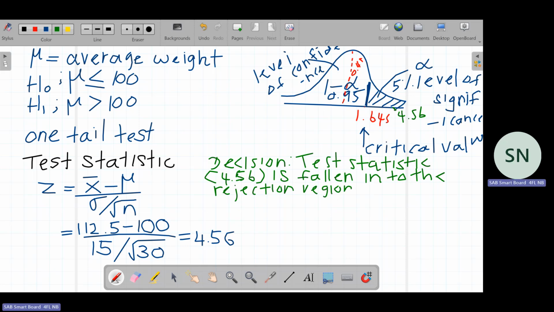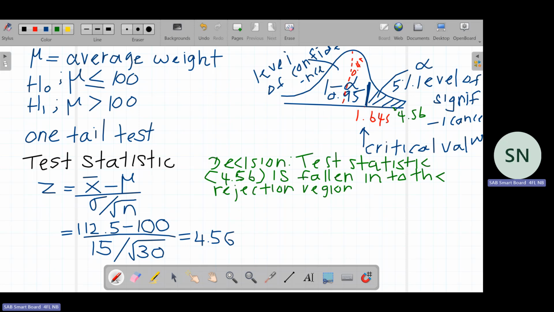Now we are in the rejection region. Here our claim is in H1, but we use the testing part as the H0. Based on that, now we are in the rejection region, do we accept H0 or reject? Reject. Understood?